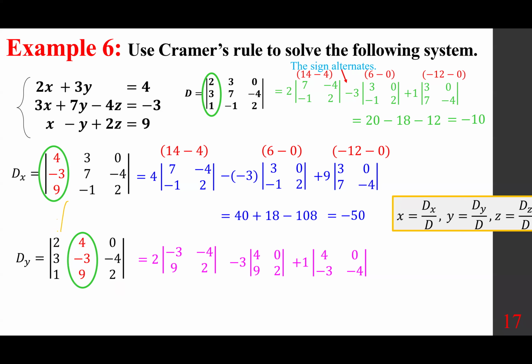We are expanding with respect to the first column. And what happens is that 2 takes a positive sign, then it alternates, okay? So you get rid of this column. For the first one, you get rid of this row and you get this one. For the second one, you get rid of this one and this one.